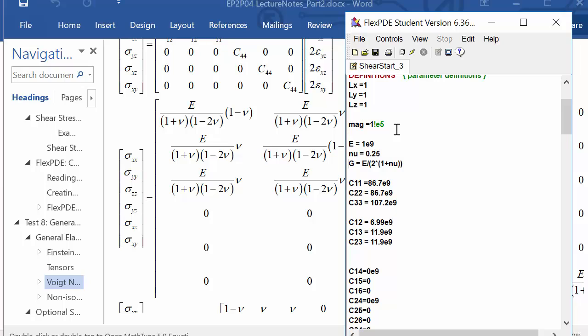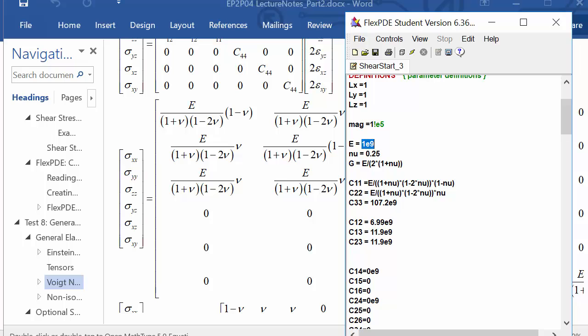All right, so we will say C11 is E over 1 plus nu times 1 minus 2 times nu. Then we're going to take that thing and multiply by 1 minus nu. And C12 is equal to the same thing, but multiplied by nu instead. Now we need to change what the nu and the elastic constant are before I forget about this.